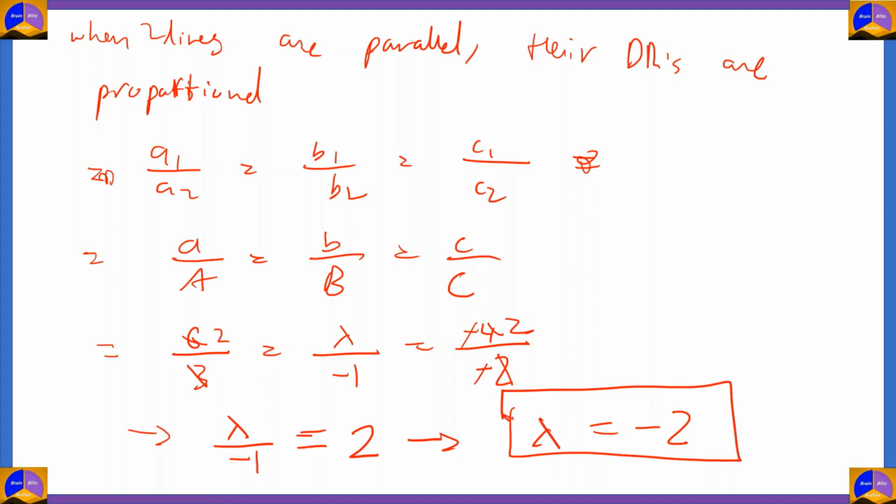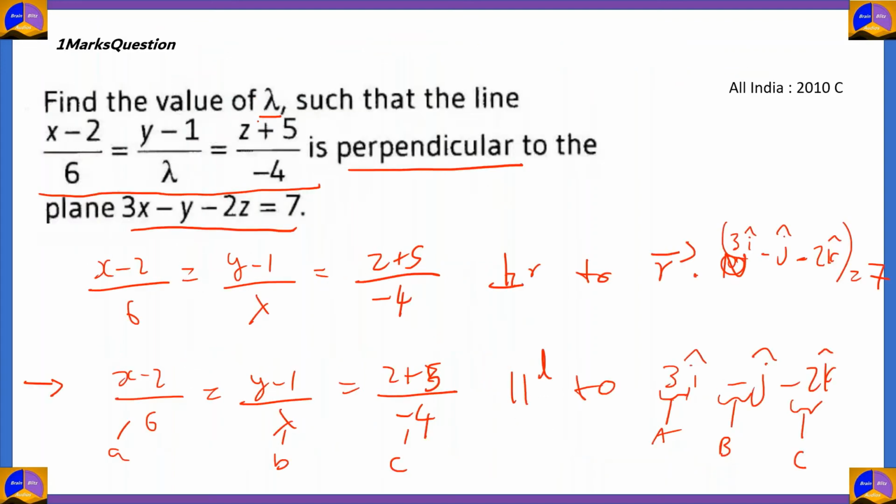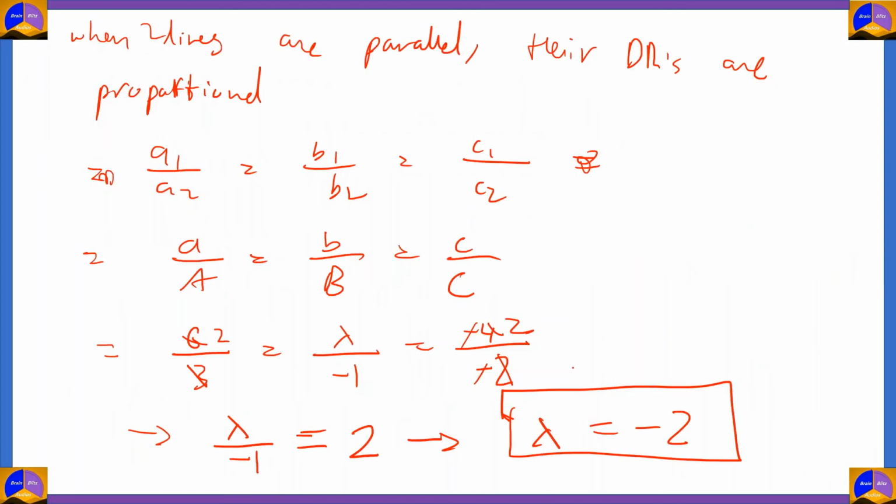So we find the value of lambda for the line x minus 2 by 6 is equal to y minus 1 by lambda is equal to z plus 5 by minus 4, such that the line is perpendicular to the plane 3x minus y minus 2z is equal to 7. The value of lambda here is minus 2.